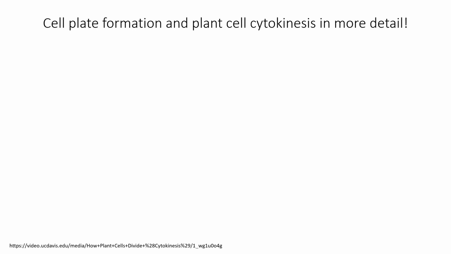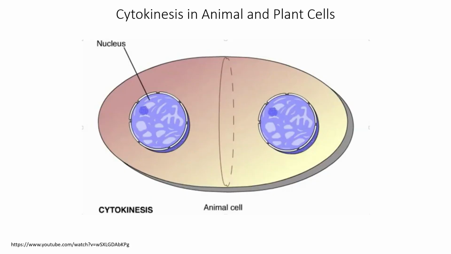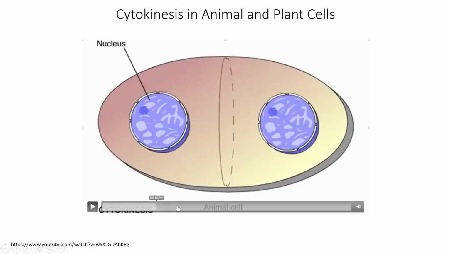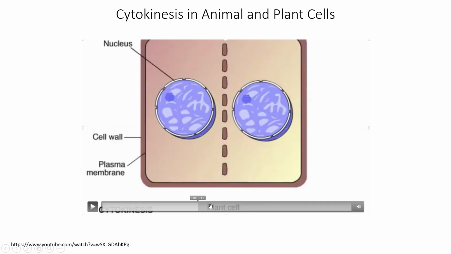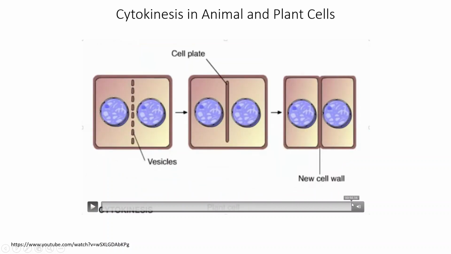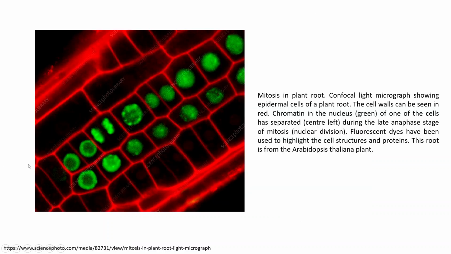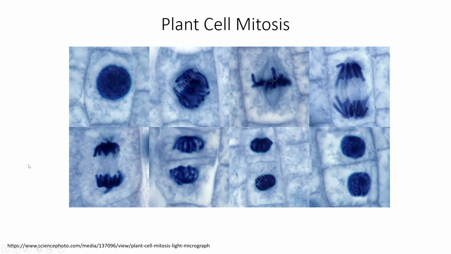Another difference, which you would have seen here, I think it is there here. Yeah, no, it's not really there over here. So you'll notice here that the spindle fibers, they are not organized by the centrosome.